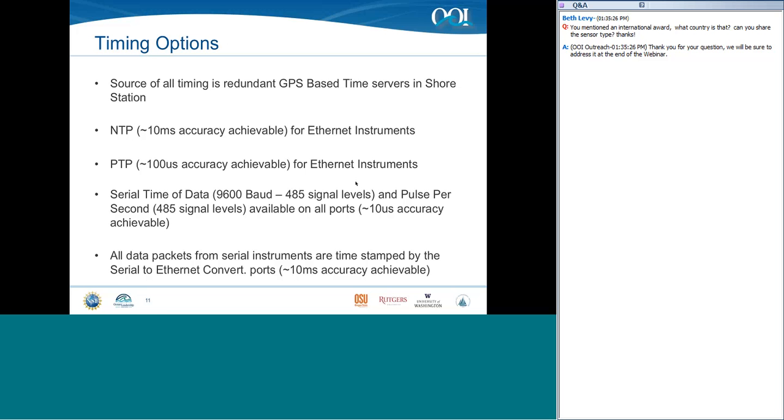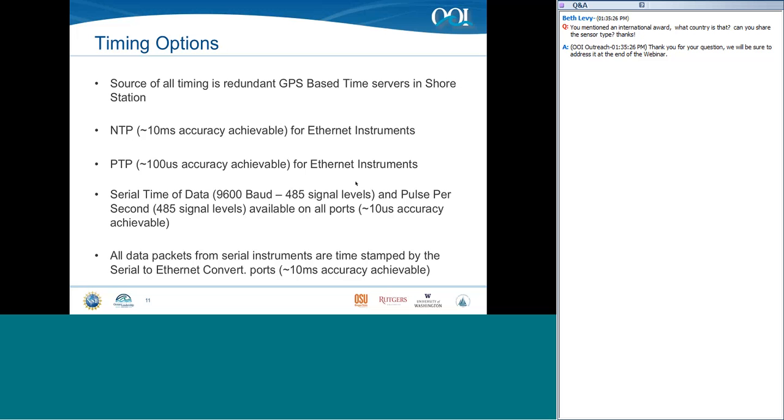Most of the instrumentation so far has fallen back to using pulse per second and time of day serial strings directly to the instrument, and that's been a successful model, because a lot of them are used to having a GPS system to hook up to.